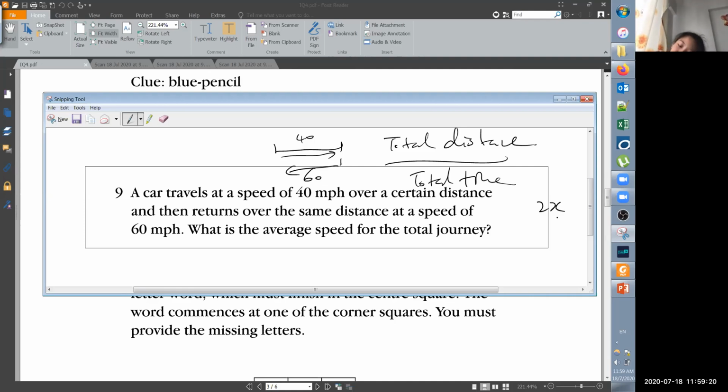Yes. And the time? The time for the first journey is x divided by 40, right?